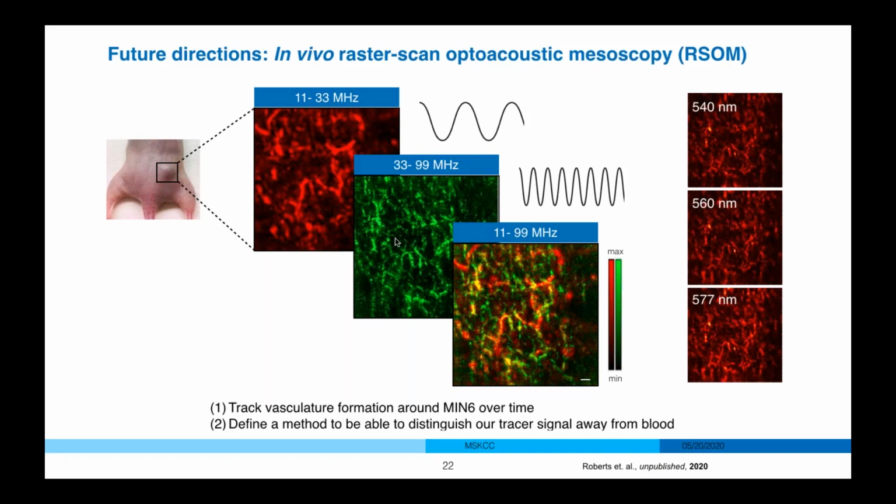There are several challenges in using the RSOM for our work. One is that we need to be away from the blood, because at 532 we can only image blood. Although these studies are great for, for example, tracking vasculature formation around these MIN6, we want to be able to define our tracer signal away from blood.